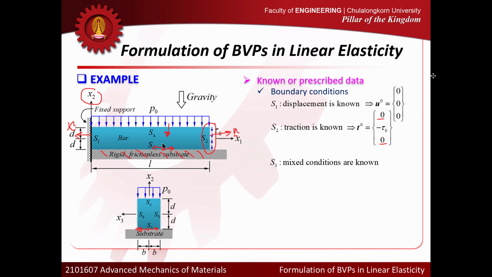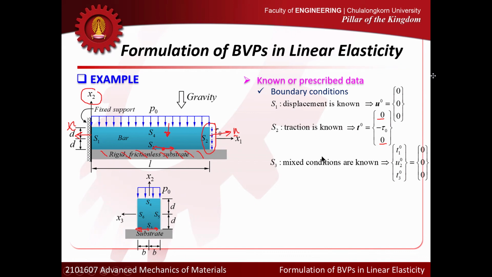But in the x2 direction, we know the displacement field, right? We know displacement equals 0 in the x2 direction, or in the direction normal to the surface here. So now I can write down the boundary condition for this surface. We know T10 and T30 equal to 0, and we know U20 equal to 0. Okay, is that clear to you?